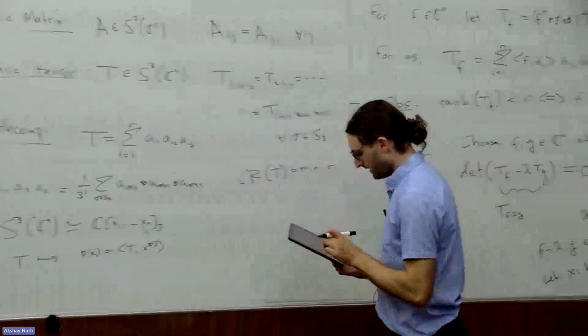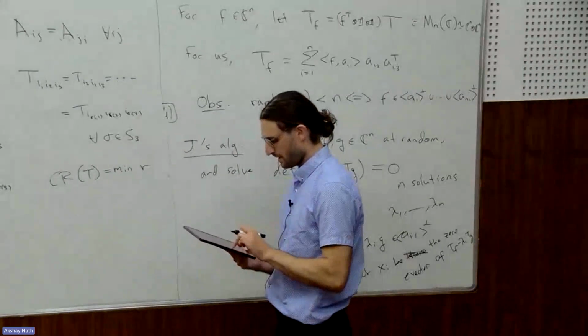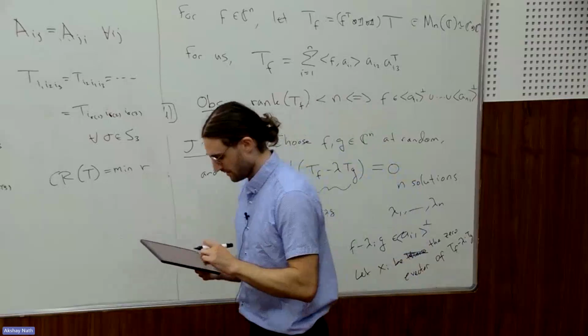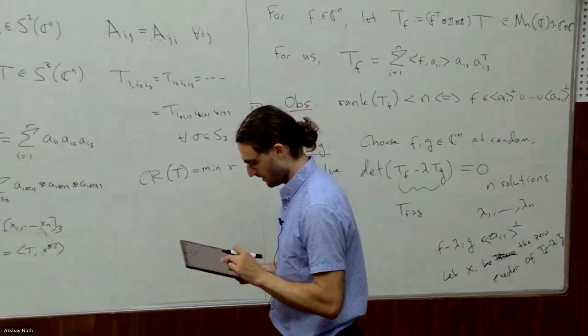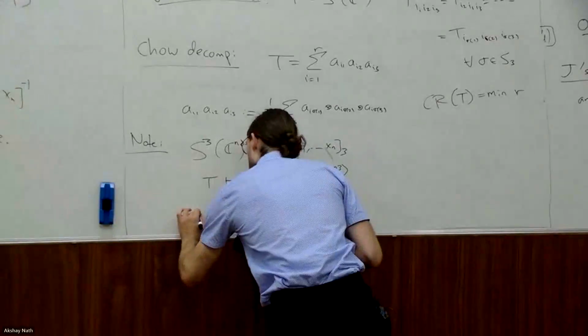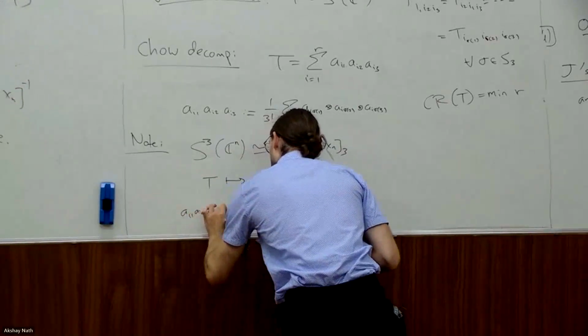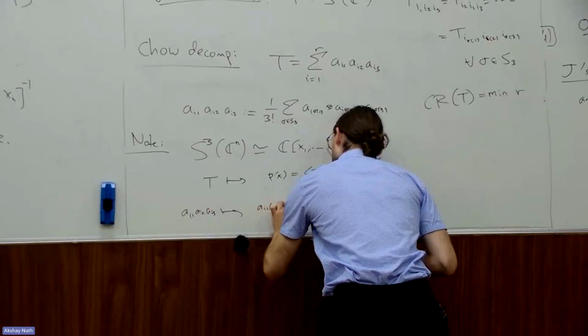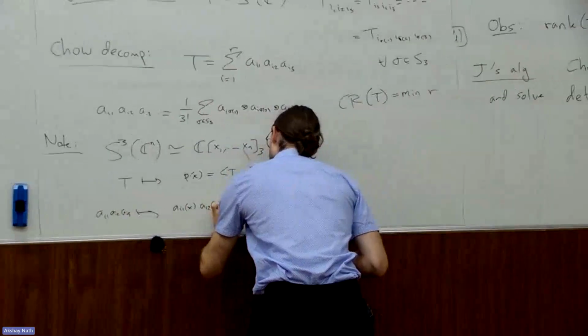Under this isomorphism, the Chow rank 1 terms become products of linear forms. So a_i1 a_i2 a_i3 gets sent to a_i1 of x times a_i2 of x times a_i3 of x.